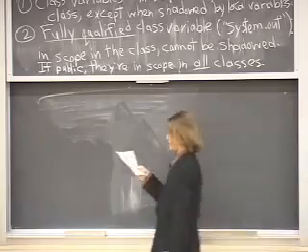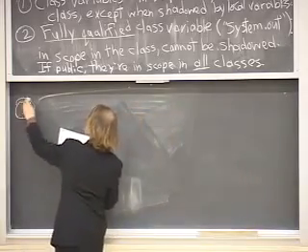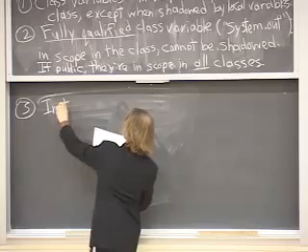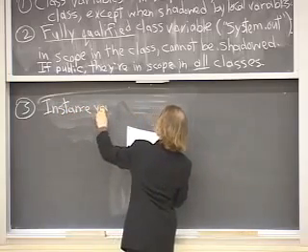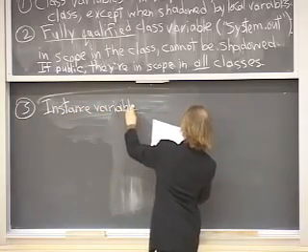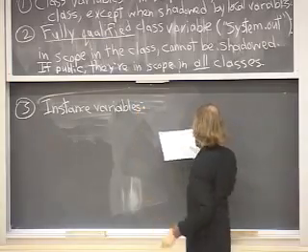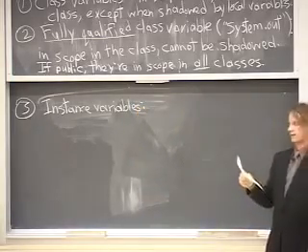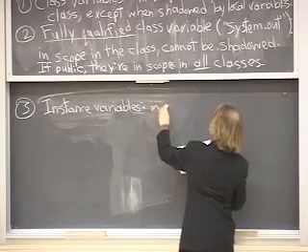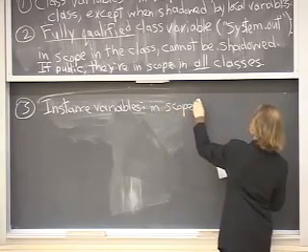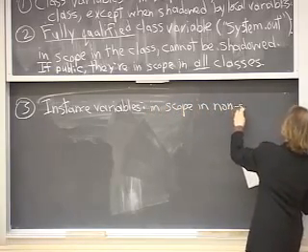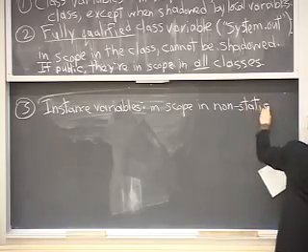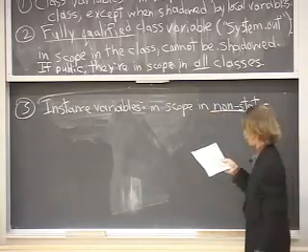Number 3 on the list is now we have instance variables, which are pretty much like class variables. In other words, fields that are not static. These are in scope in methods that are not static.